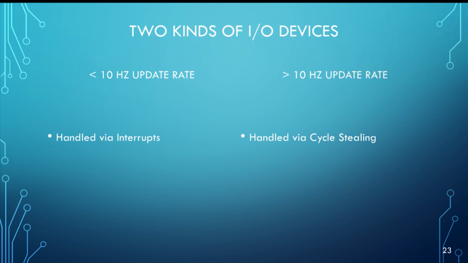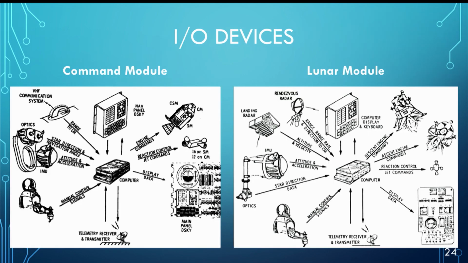I'm going to talk about I/O devices here, but I'm going to skip through to this page. So the command module's there on the left and the lunar module on the right. The computer's at the center, and it has to basically orchestrate interaction with all these different devices. The astronaut's hand controller, in the case of the lunar module, the landing radar or the rendezvous radar, or in the case of the command module, they had a space sextant that they could use in space, just like a sextant out in the ocean, to navigate their position.